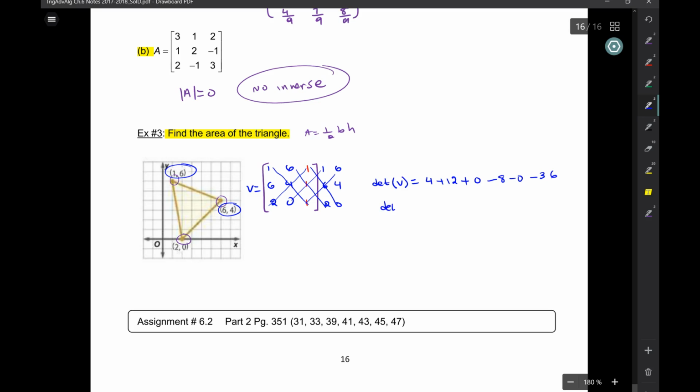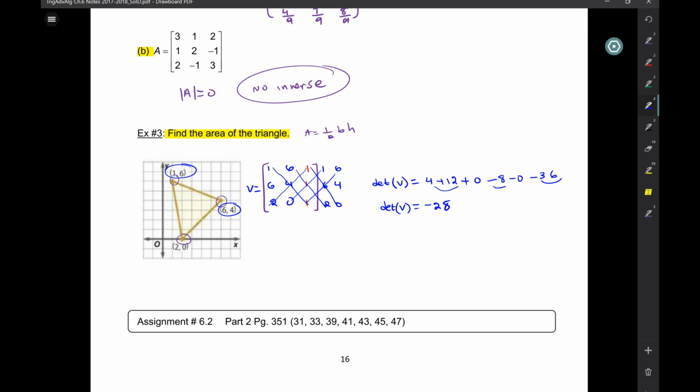So the determinant of V is 4 plus 12 is 16, minus 8 is 8, minus 36 is negative 28. No, because it's 8 plus negative.